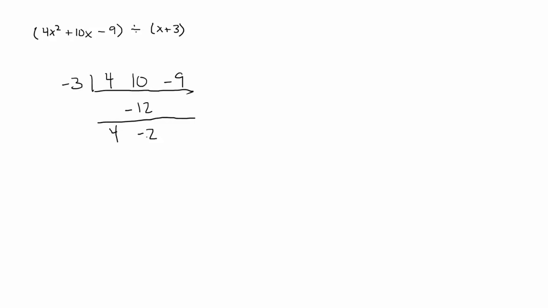And negative 3 times negative 2 is 6. And 6 minus 9 is negative 3. So here we have an answer of, we started off 4x squared and we divided out an x, and our coefficient is 4, so we have 4x and minus 2 is our constant, and then our remainder is minus 3 divided by x plus 3.